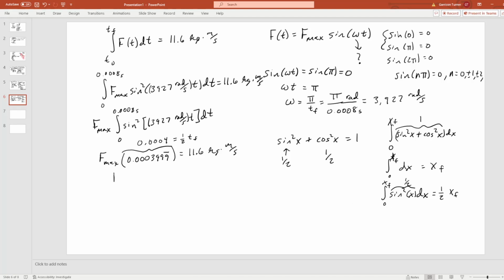So we can then say that f max times 0.0004 has to be equal to 11.6 kilograms times meters per second.